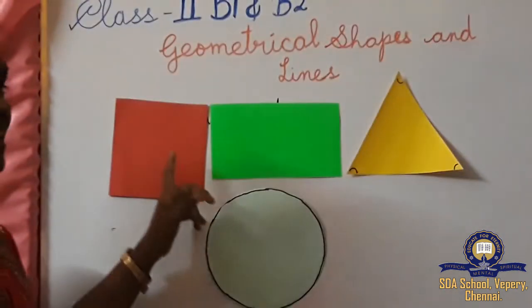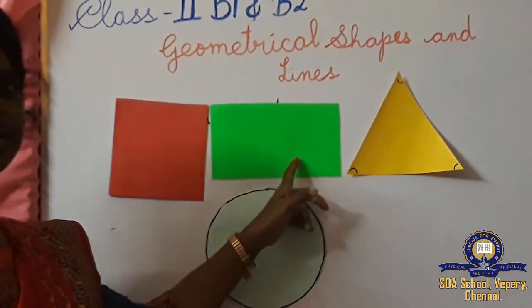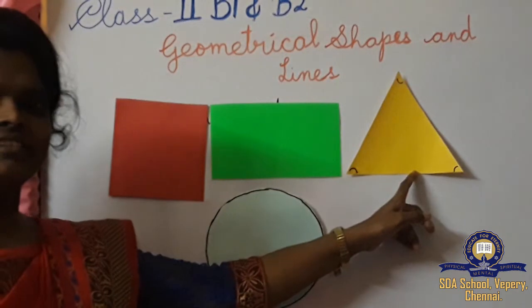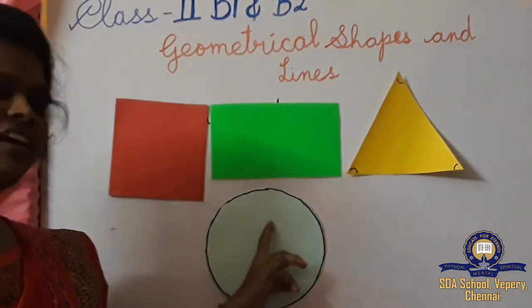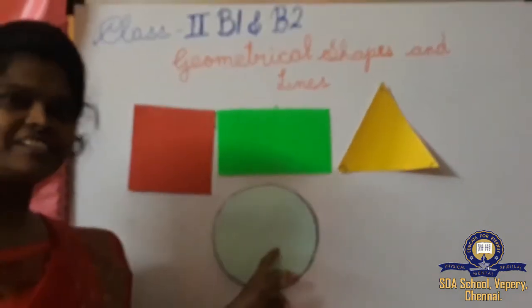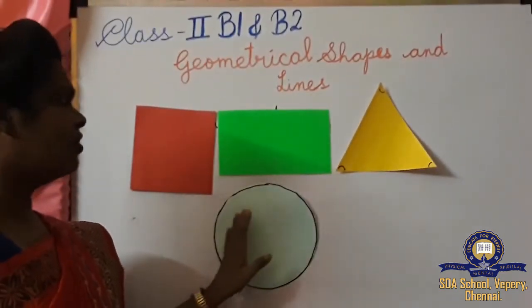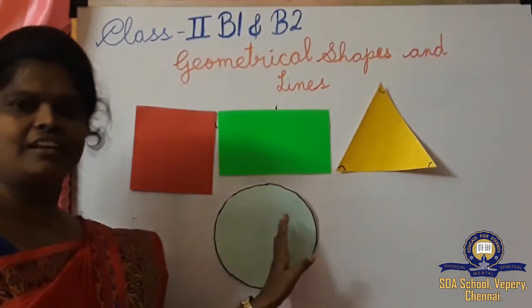And circle. This we learned in the last class. Square has 4 sides and 4 corners, as well as that rectangle also has 4 sides and 4 corners, but triangle has 3 sides and 3 corners, but the circle doesn't have corners and sides. It has only one surface.